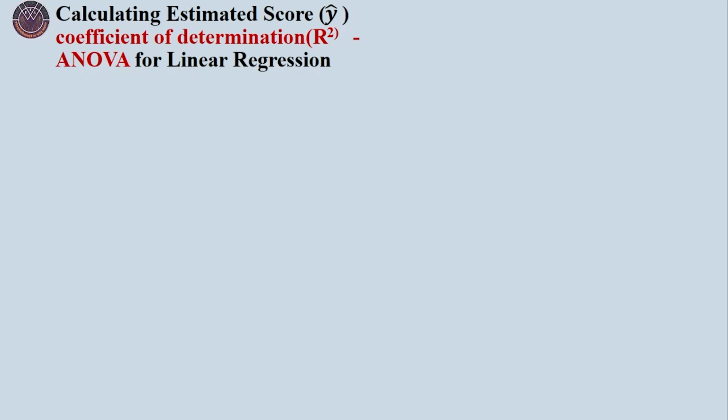That means how capable our line of fit is of predicting y with fewer residuals, or committing less error. Basically we have to go for ANOVA, or analysis of variance. Let us see how we do that.